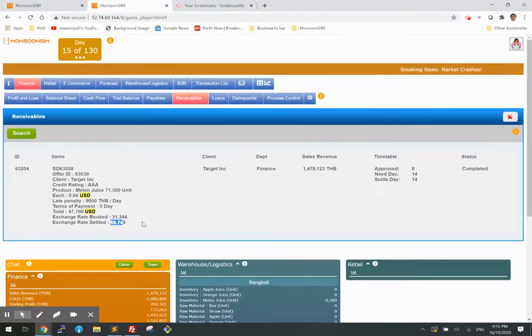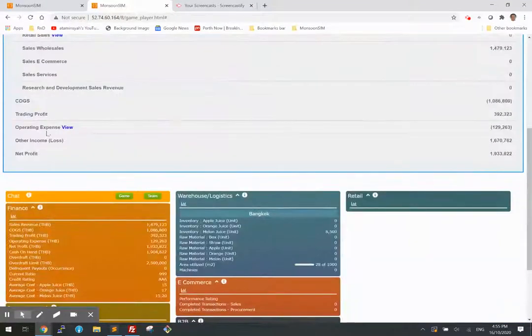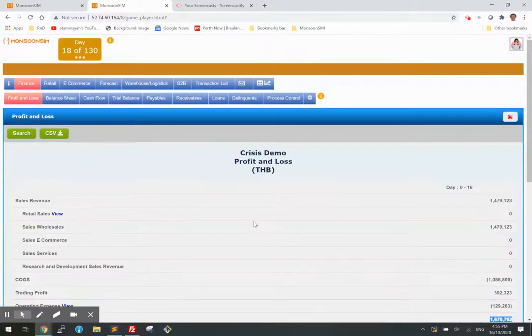Which means that now, in terms of local currency, Thai baht, I've gained a lot because I'm receiving these US dollars. So when I change back to Thai baht, I get a lot of other income, 1.6 million. So I hope that shows the impact of crisis towards our business.